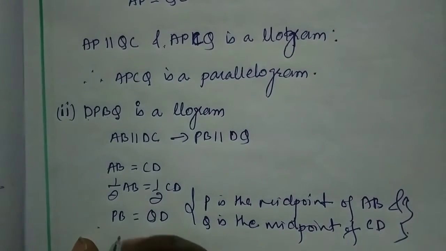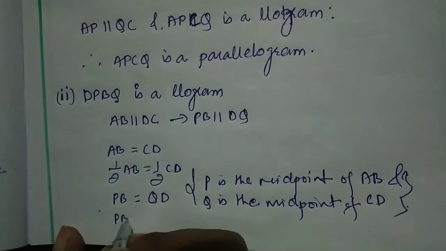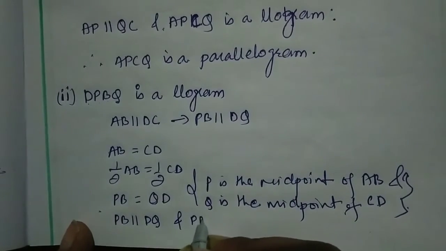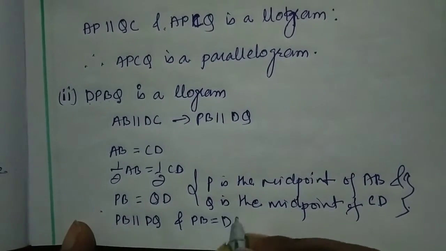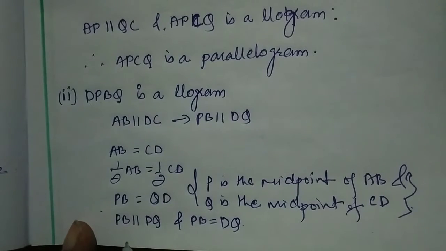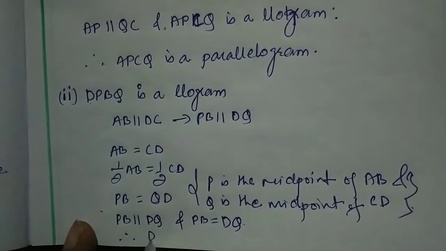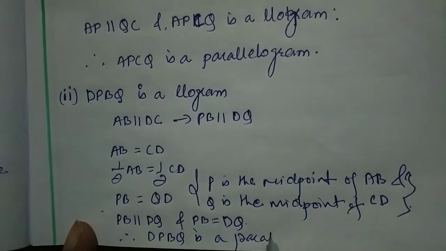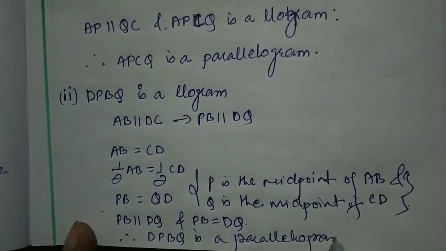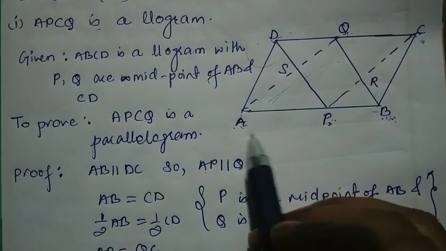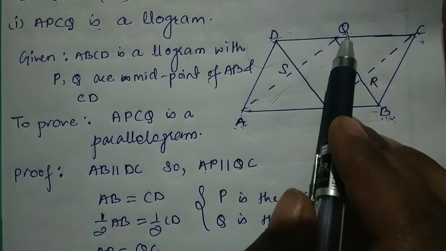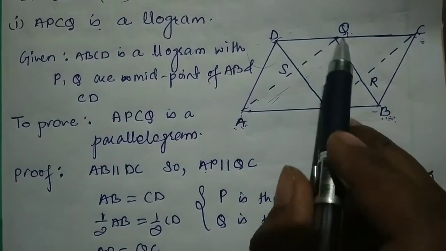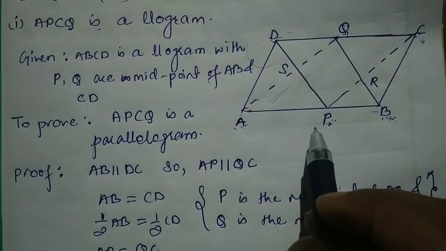So PB is parallel to DQ, and PB equals DQ. Therefore DPBQ is a parallelogram. In the first part we proved that APCQ is a parallelogram, and in the second part we proved that PBQD is a parallelogram.